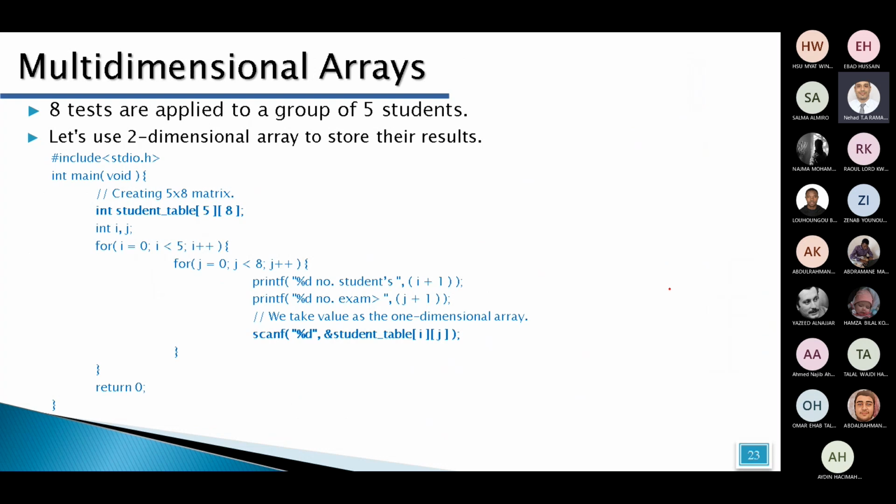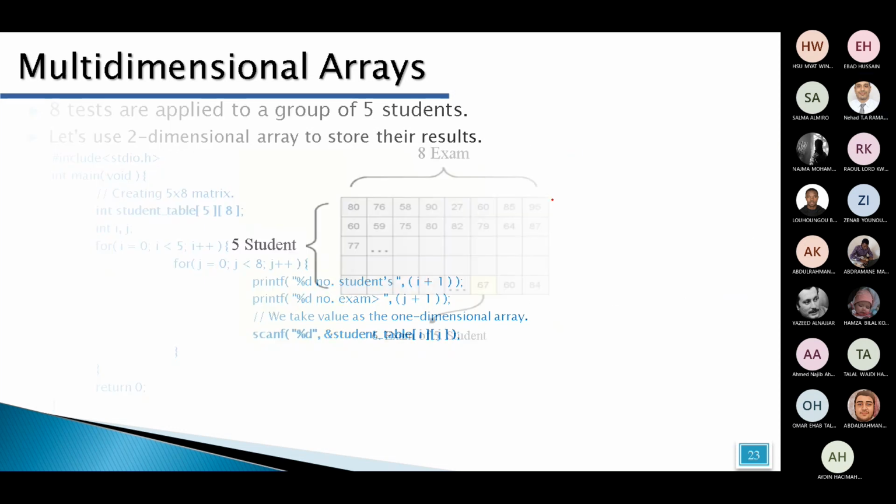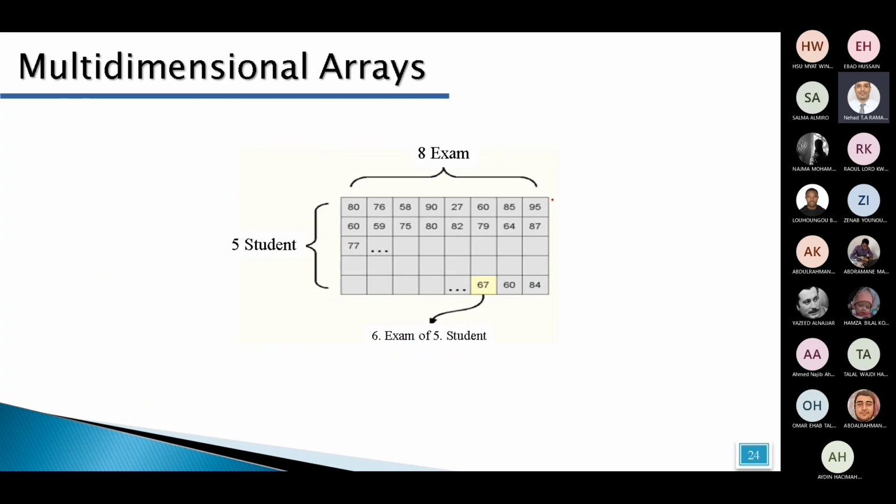So in this 2-dimension array, we have 8 tests for 5 students. We can imagine each student's data as a row. I think we have it here.